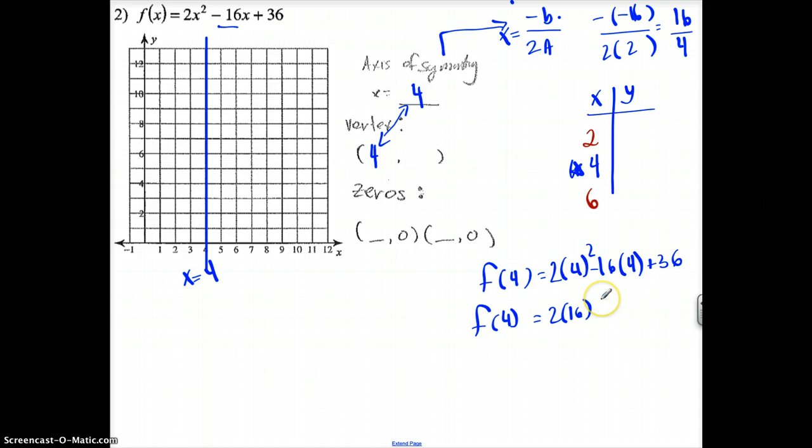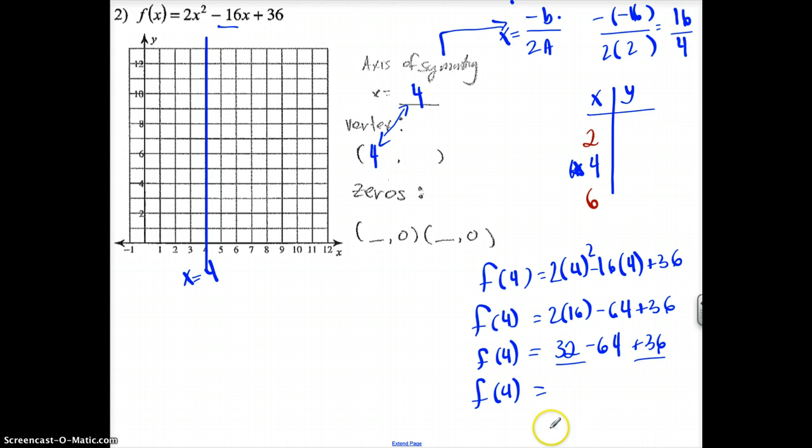And 16 times 4 is 64. Plus 36. f of 4 equals 32 minus 64 plus 36. f of 4 equals, I'll put all the positive numbers together, 36 and 32 make 68 minus 64, and f of 4 equals 4.